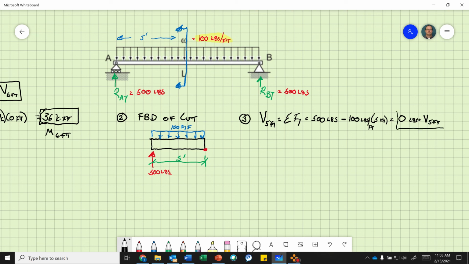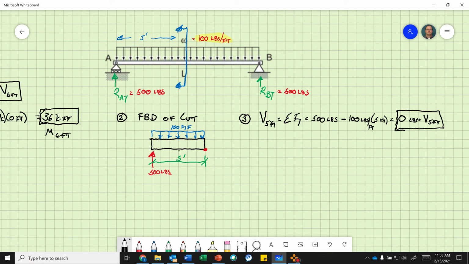There is a point, and I'll tell you this now, where maximum moment is where the shear equals 0 in a beam. If I cut my beam at 1 foot, I'd go 500 pounds minus 100 times 1, so my shear is 400 pounds.